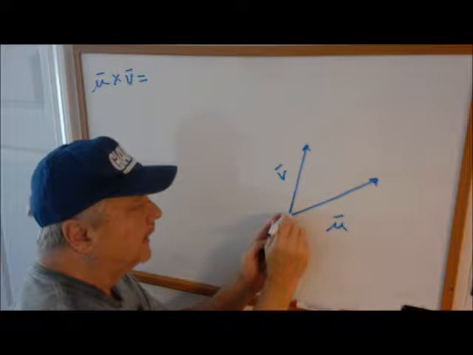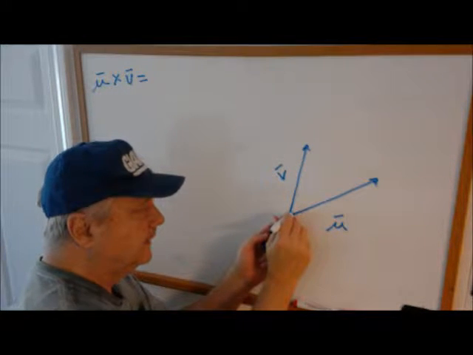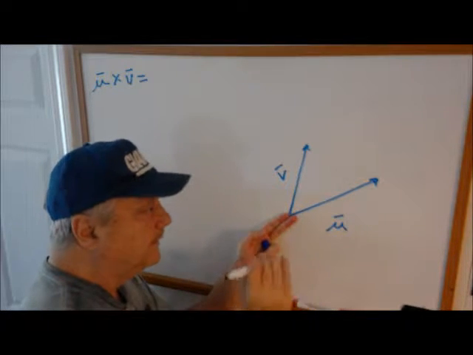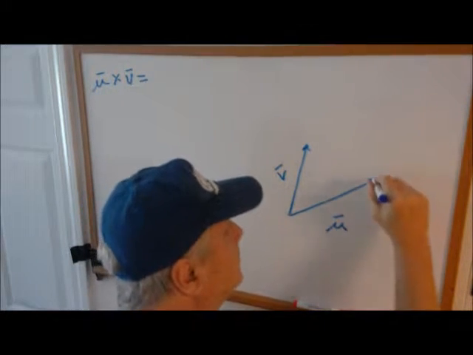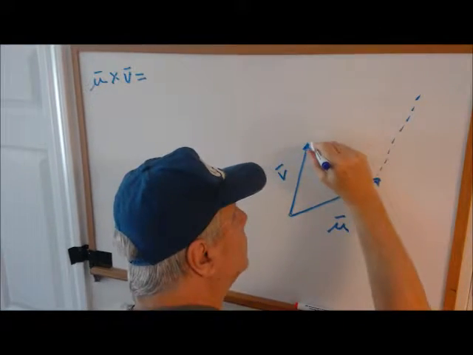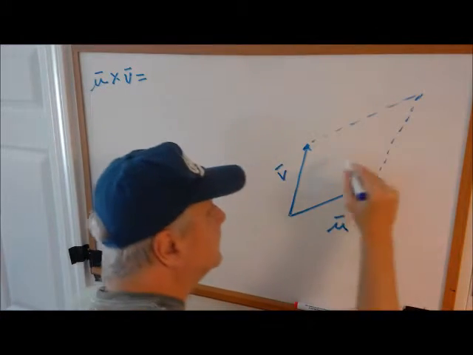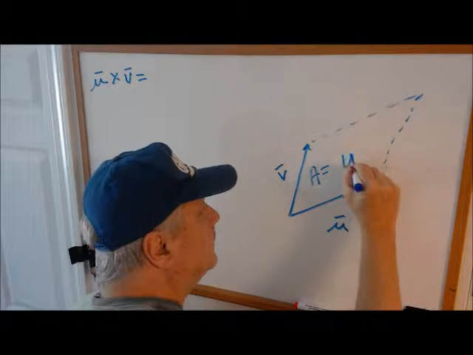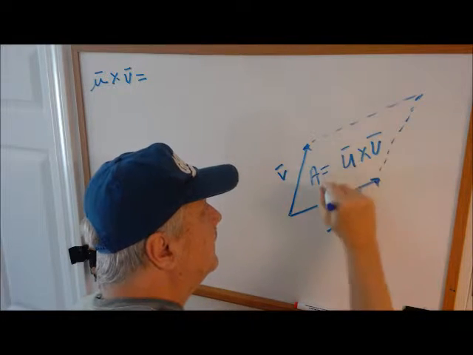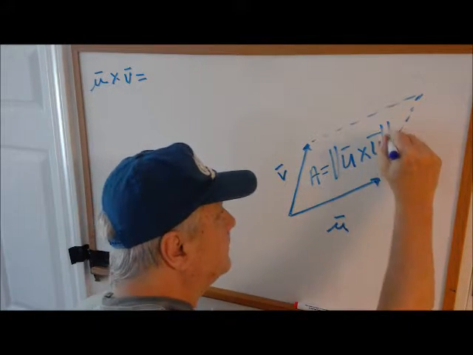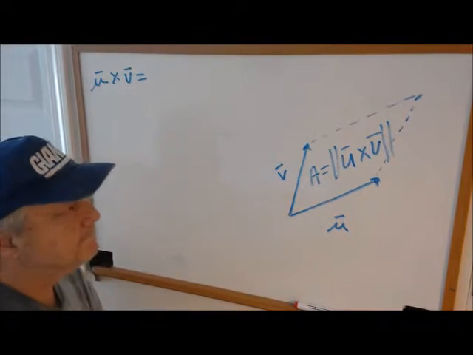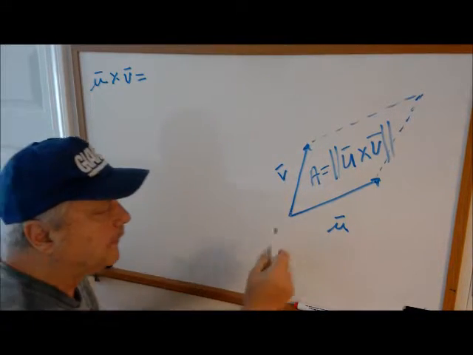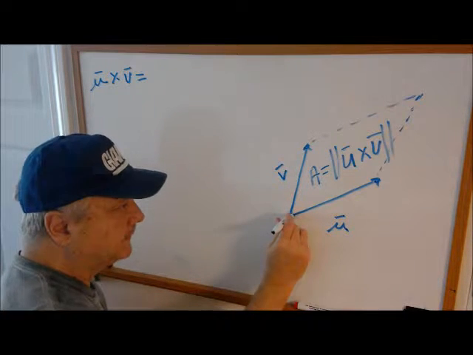And second, the magnitude of this vector is equal to, well, what we do is make a little parallelogram, and we say the area of this parallelogram is, well, let's take u cross v and figure out its magnitude. Okay? So that's what the vector looks like.